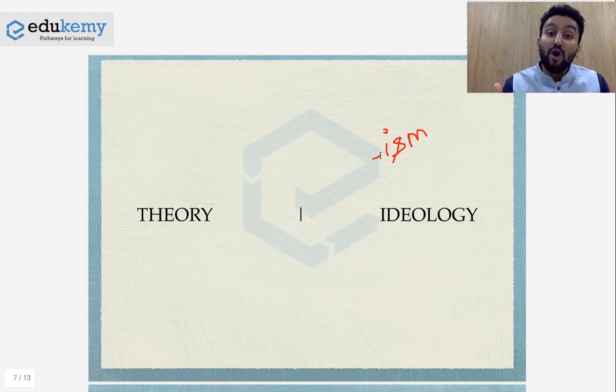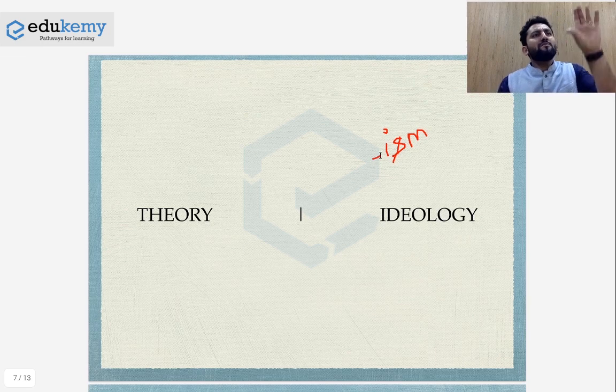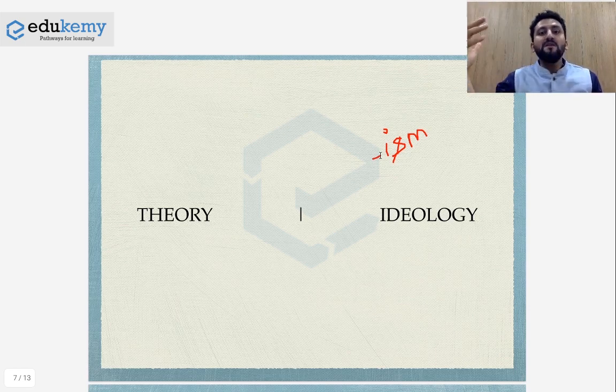But when it comes to ideology, it is difficult to nullify because it shapes the society. It is not just talking about interpretation of a reality, it is shaping the society. For example, capitalism shaping the society. Marxism had a huge impact, and even now many people believe in Marxism.